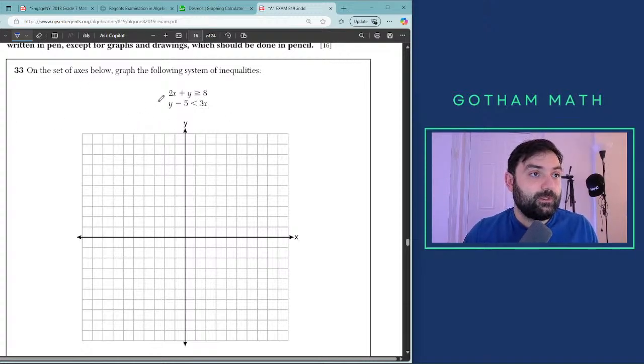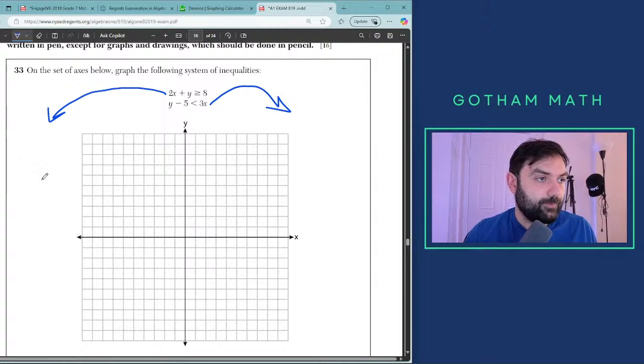So we have to do 2 linear inequalities here. I like splitting them on 2 different sides of this paper. I always do that, so I won't mix them up.